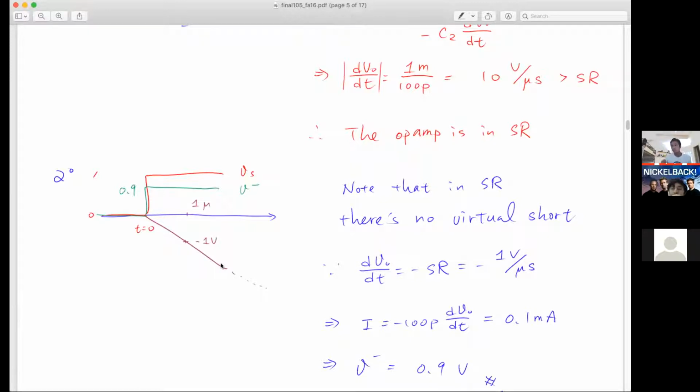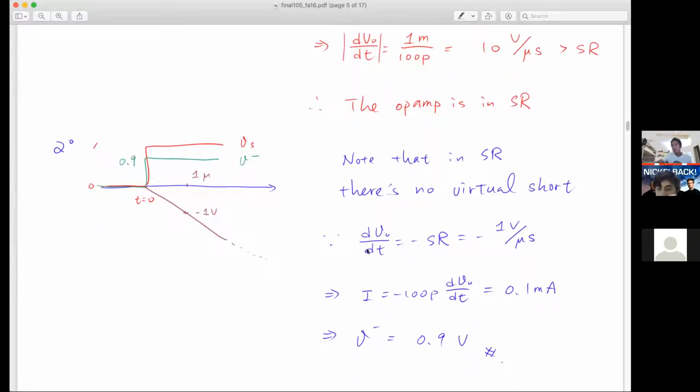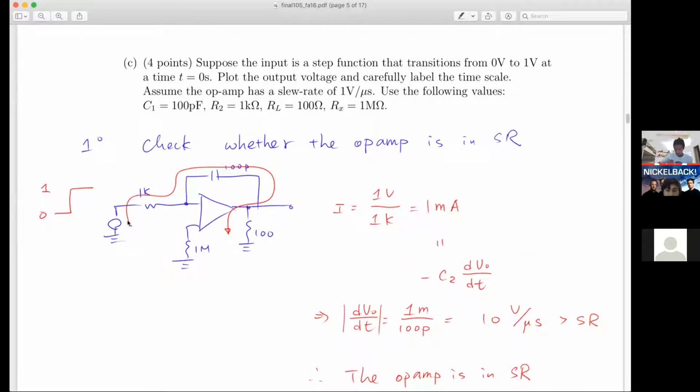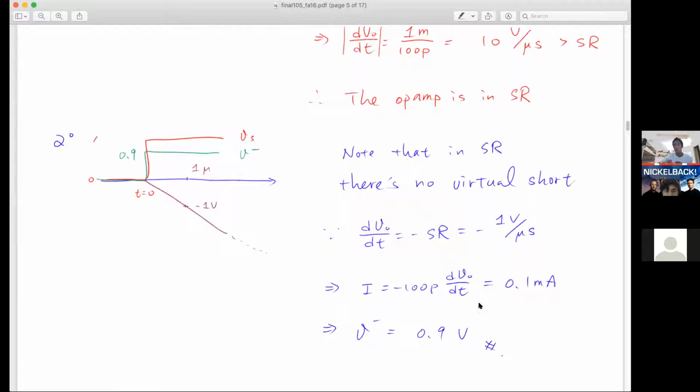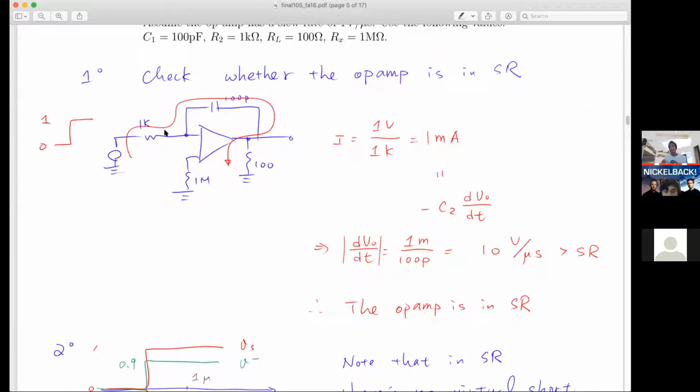Although in this problem we don't ask you to calculate V minus, I think it is instructive to practice drawing V minus here. Because dVout/dt equals the slew rate, which is minus 1 volt per microsecond, we can calculate the current flowing through under the slew rate condition, which is 0.1 milliamp.